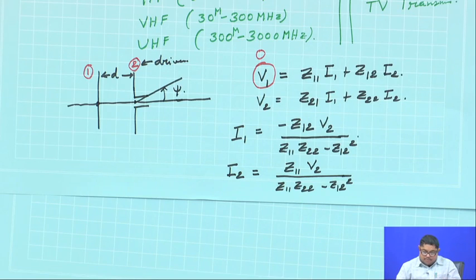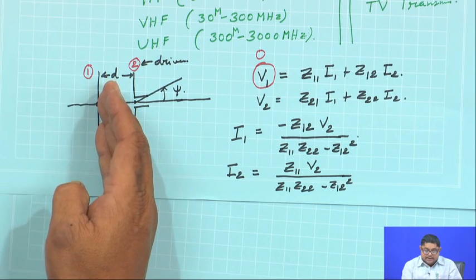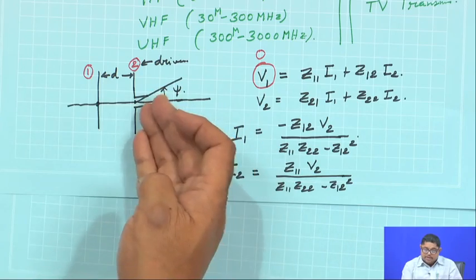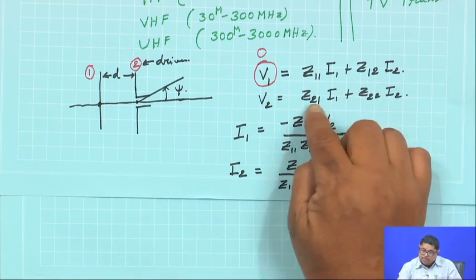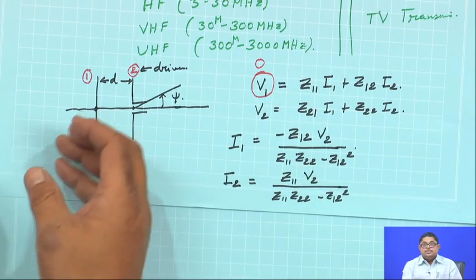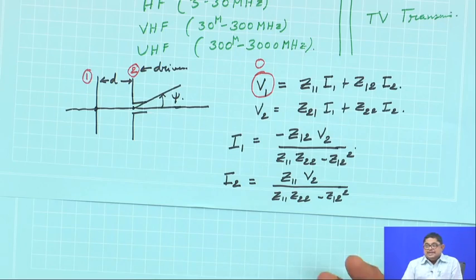So there will be radiation from both of them. It shows that even if I do not excite this element, due to mutual coupling between them, which is nothing but Z 12 and Z 21, there is current. We were not considering these earlier, but in practical cases this is there.